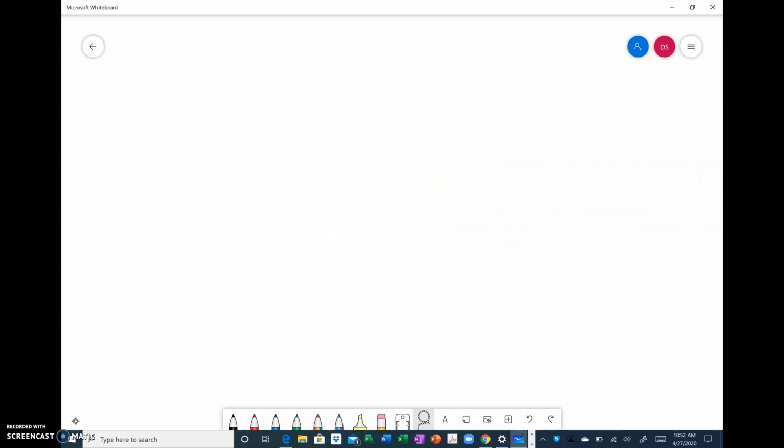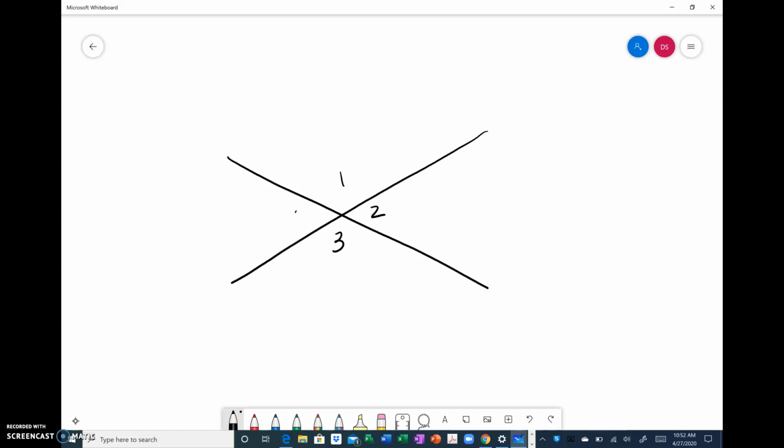Is for vertical angles. So same diagram, we can talk about vertical angles. The definition of vertical angles is when 2 lines meet at a point, just like in our example. The angles that are opposite each other are called vertical angles.